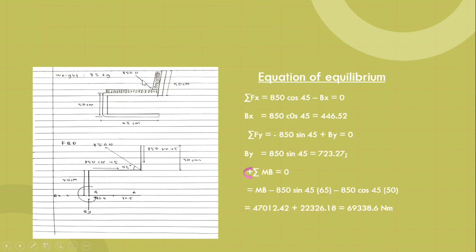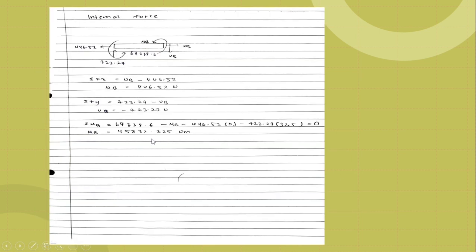So lastly, for the maximum bending moment, we got the bending moment from this calculation. We put for the maximum bending moment minus the normal force 446.52 times 0, because it doesn't have a perpendicular length, so we times 0.